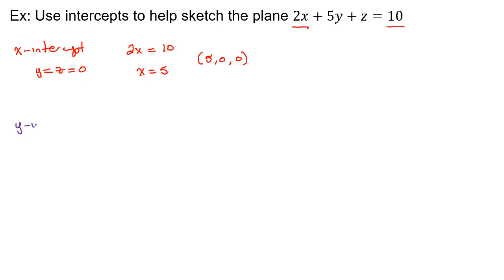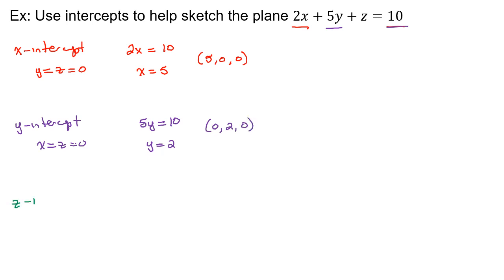If you want the y-intercept, you let x and z be 0. So you're only going to get the y and the 10. So we'll get 5y equals 10. So y was 2. So I'll get the point (0, 2, 0).